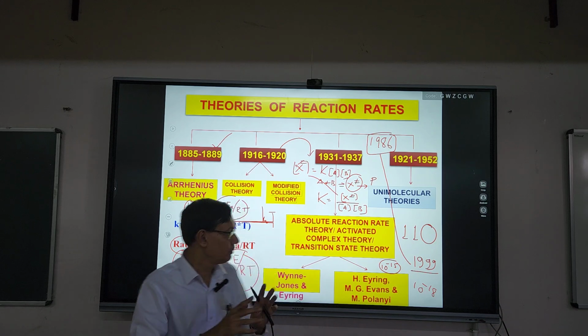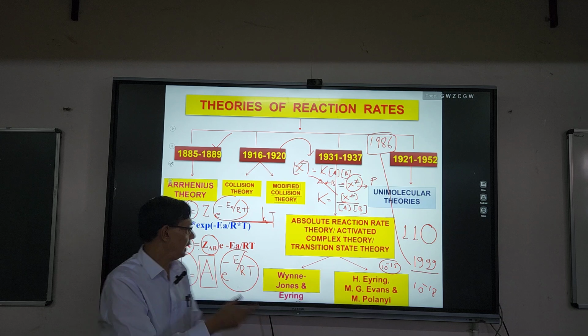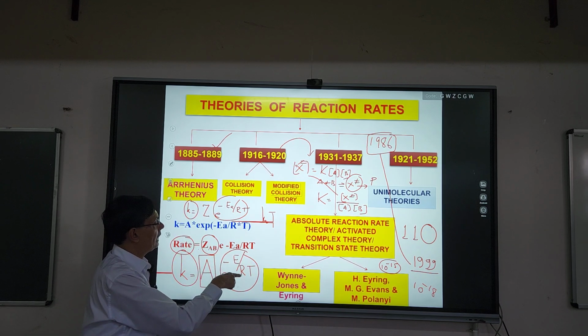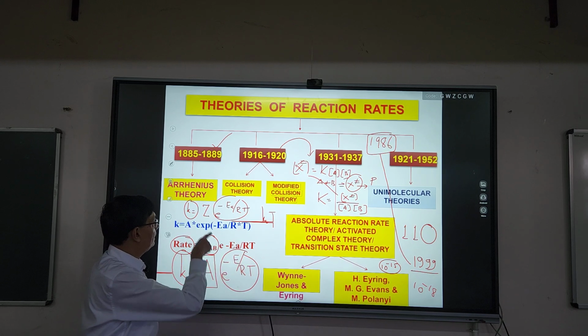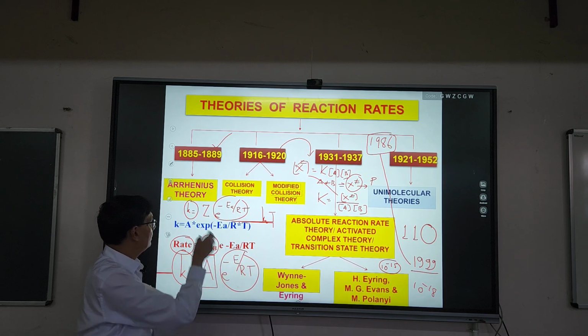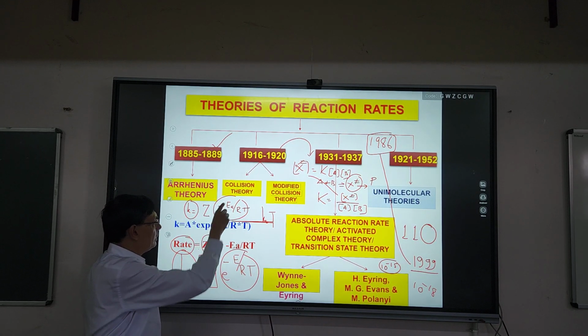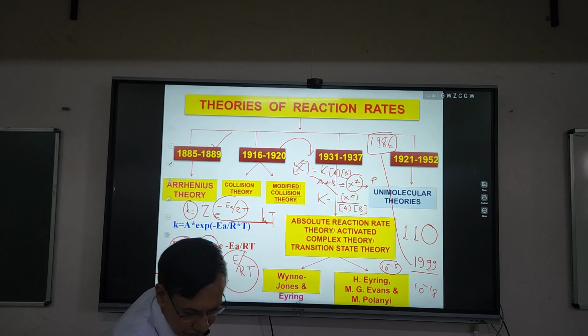And the second point is that all the theories are almost similar. Again I am just repeating: K is equal to A exponential of minus E by RT, first part. In collision theory, K is equal to Z times the exponential term. Third, in place of Z we write some kBT by h, and in place of E we use delta G activated, that means free energy of activation.